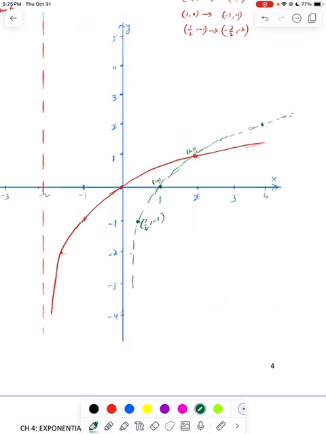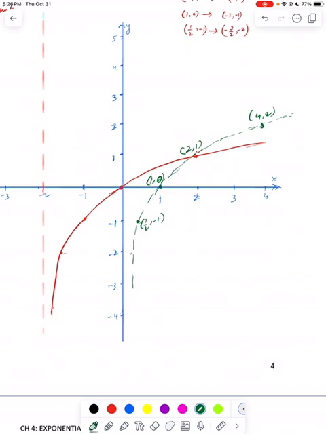So the 1, 0 is this one, and the 2, 1. So now what will happen? These will shift. I took one more point, which is 4, 2. So the 4, 2 will shift 2 to the left. So it arrives here and then 1 down.